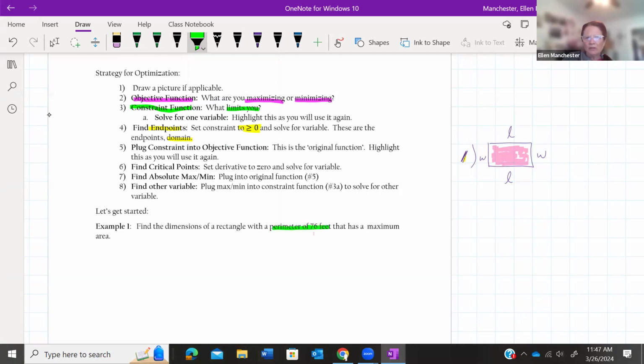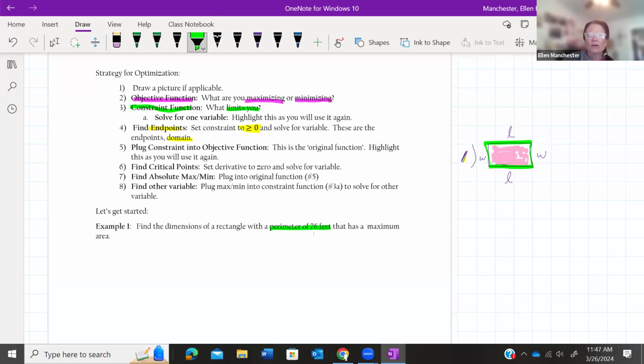My perimeter, if you will, the fencing, all the distance around, all this distance is only 76 feet. That's all I got. I can't move it into my neighbor's property. I only have 76 feet to work with around the outside edge.